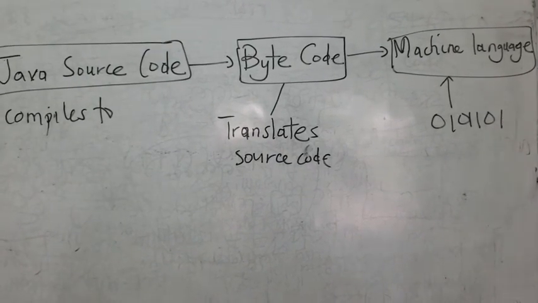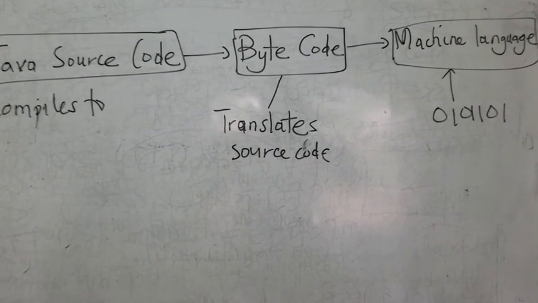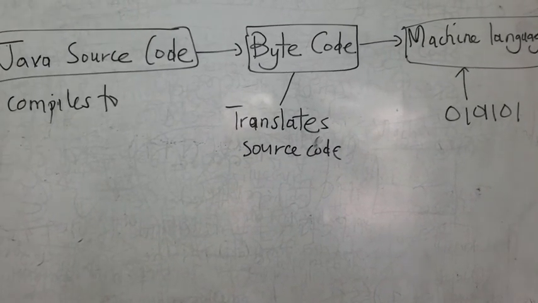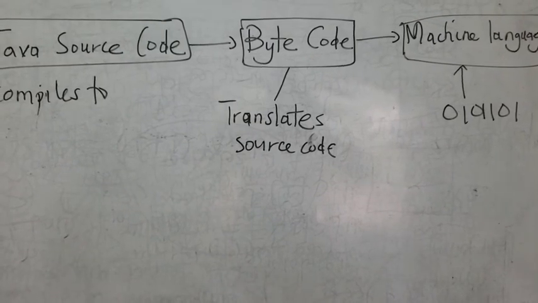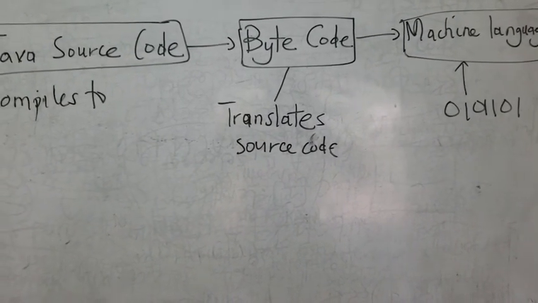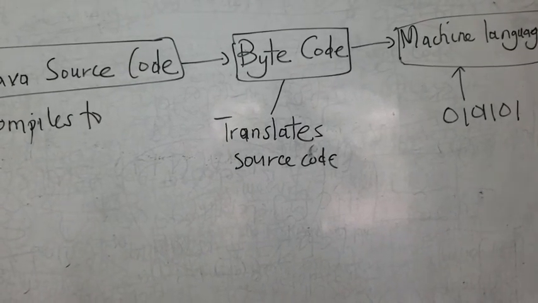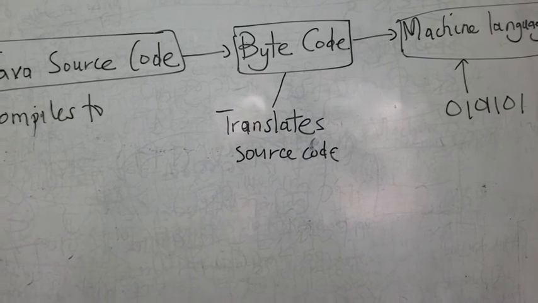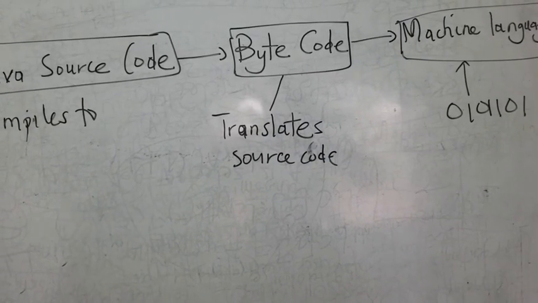If it is not compatible, then the bytecode will make it compatible. It will translate the source code to make it suit that type of machine. You understand? So the bytecode will help to produce a machine language that will work on that machine which is not compatible. And that is the function of the bytecode.